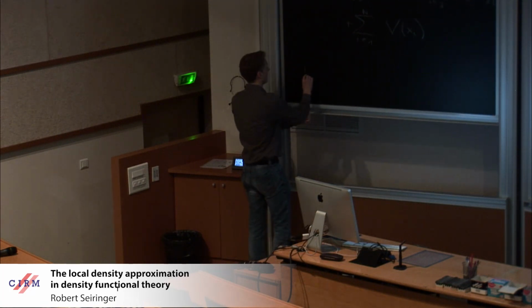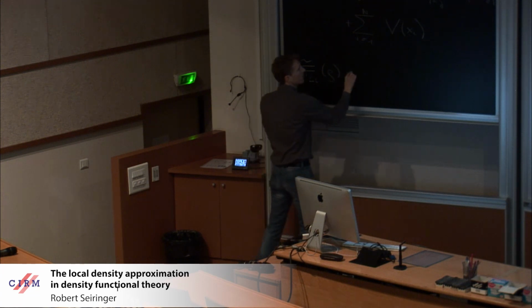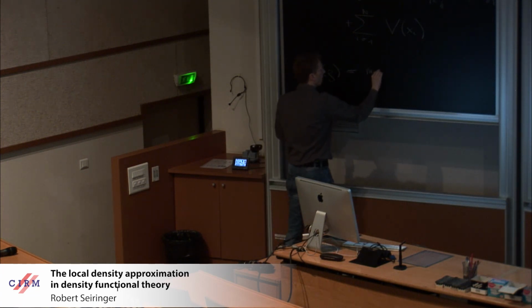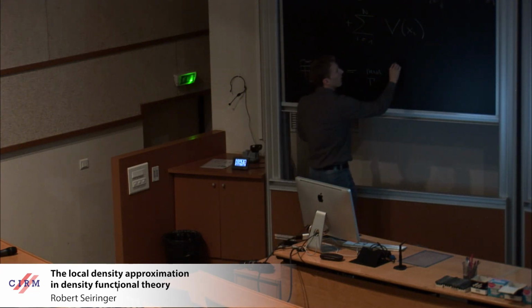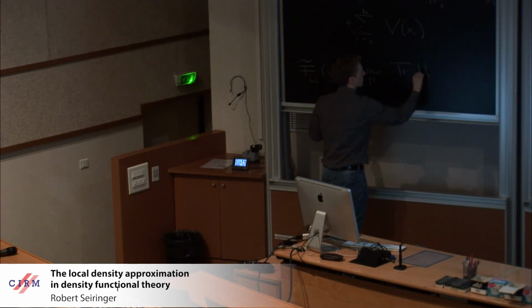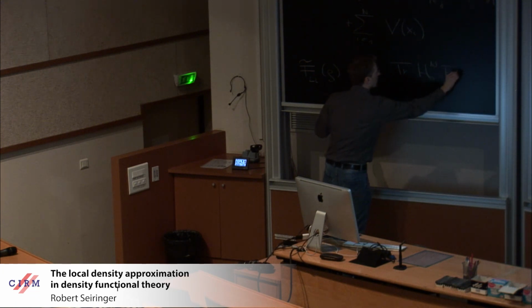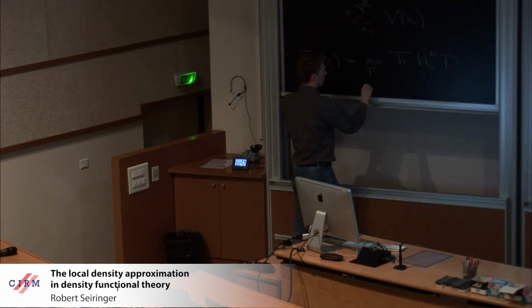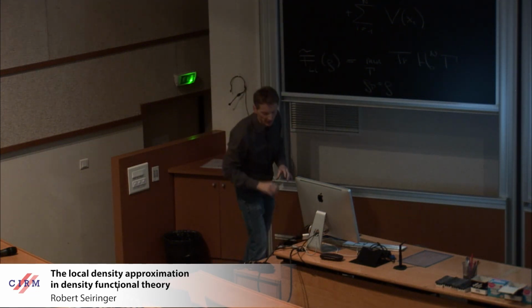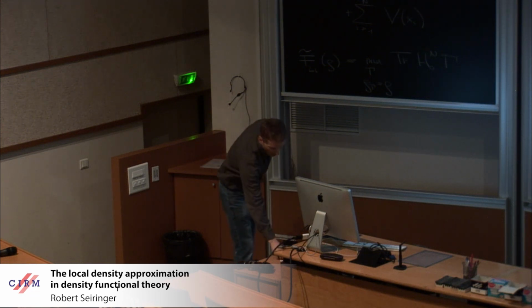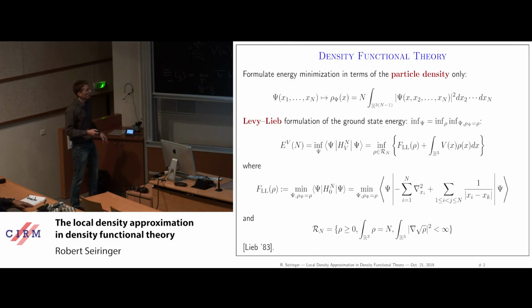So the F tilde LL of rho is just minimizing over density matrices now on Fock space of, say, trace H0 n gamma, where the density of gamma is equal to rho. So it's the natural generalization to mixed states on Fock space, so we allow also the mixture of different particle numbers.